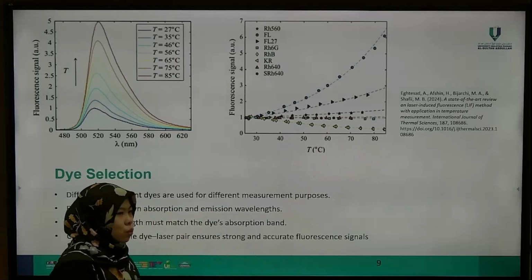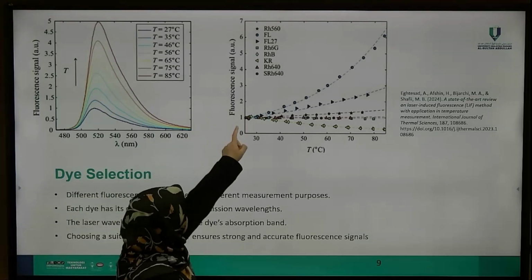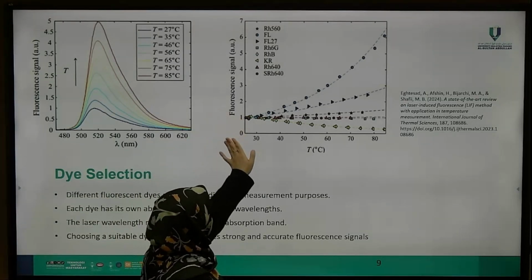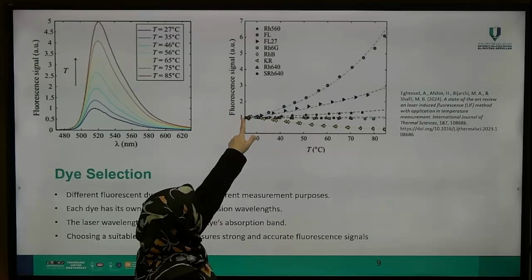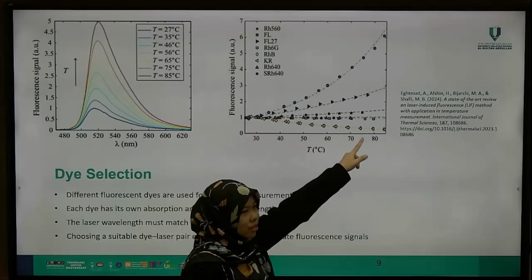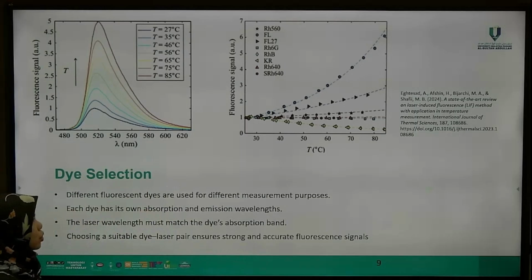But some dyes will give different results, which means if the temperature is larger, you will get the fluorescence signal decreasing, more darkened. So different dyes give you different trends.